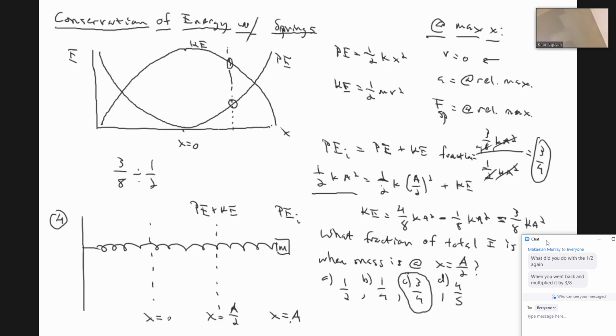Because this is the part, this is the kinetic energy, this is total energy, right? So don't you take the part of the energy, in this case the kinetic, divided by the total to get the fraction of total energy? Okay. That's what we're looking for. Okay.